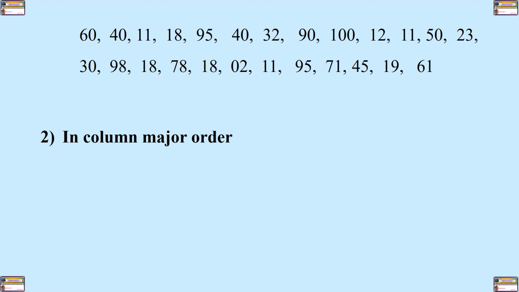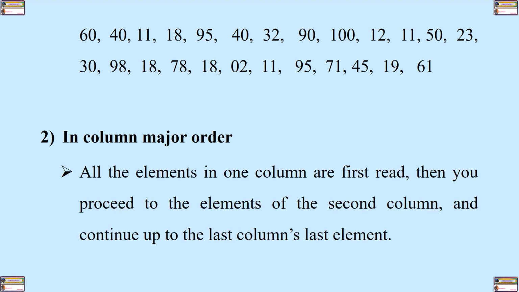Now, in column major order, we begin with the column. All the elements in one column are first read. Note, you begin reading all the elements in one column, then you move to the next column, and so on.